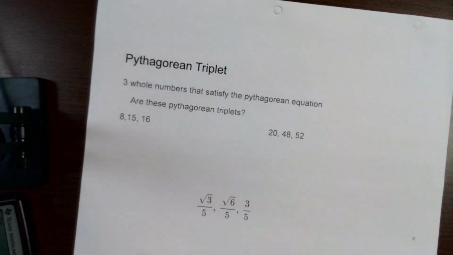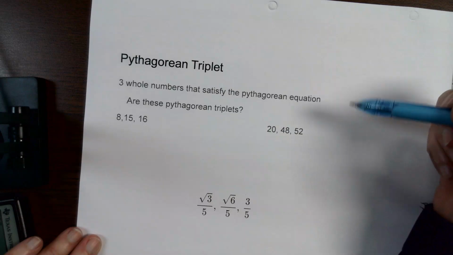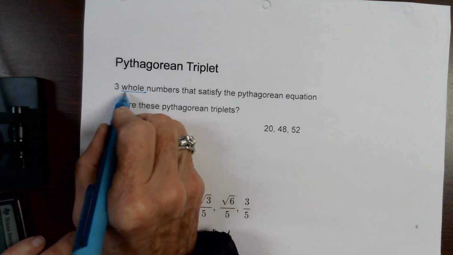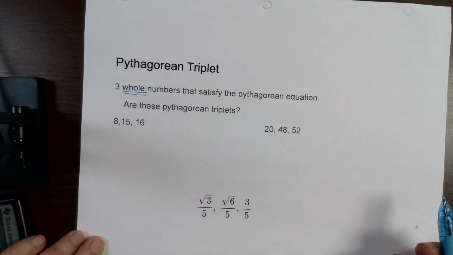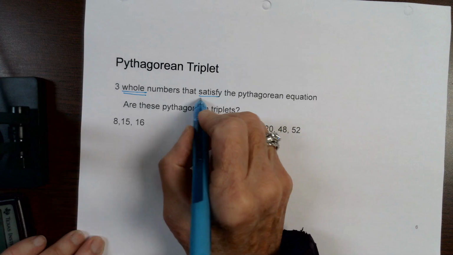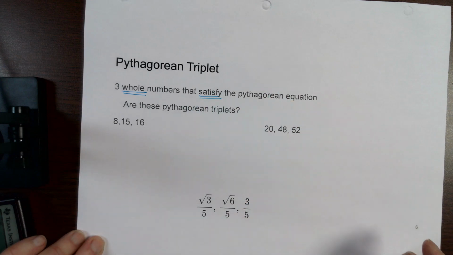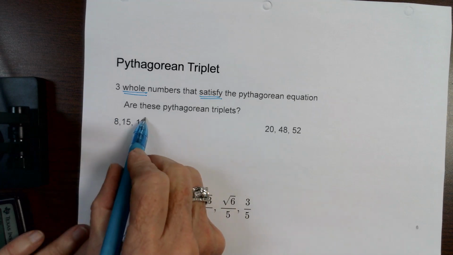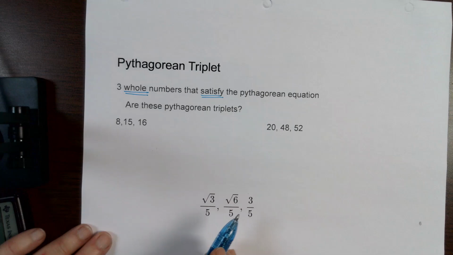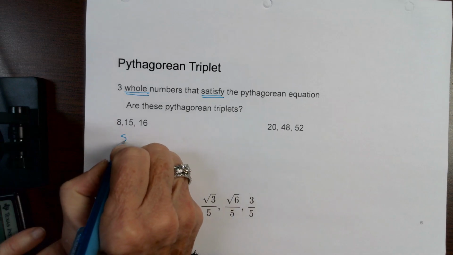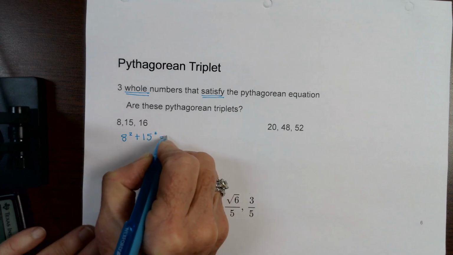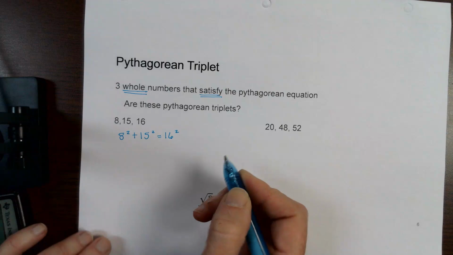All right, a Pythagorean triplet is 3 whole numbers that satisfy the Pythagorean equation. The key is that it has to be whole numbers and it has to satisfy the Pythagorean equation. So then it asks you, are these Pythagorean triplets? The larger number is always going to be your hypotenuse. So you would have 8 squared plus 15 squared is equal to 16 squared.